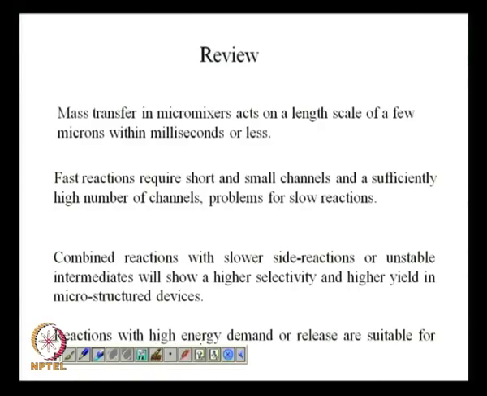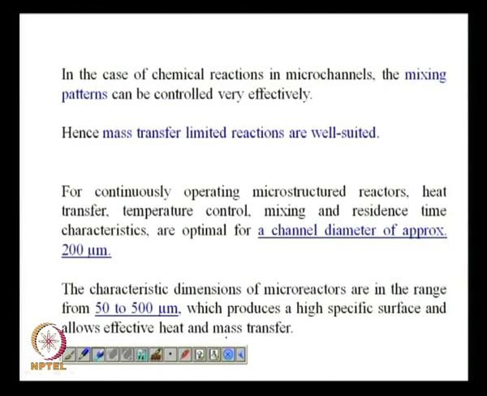And finally, since it is very small, since all the transport processes are taking place within a thickness which is comparable to the boundary layers, any reaction which is highly exothermic or any reaction which has dangerous side reactions, so that the heat has to be dissipated, they are prime candidates for microscale reactors and so on.